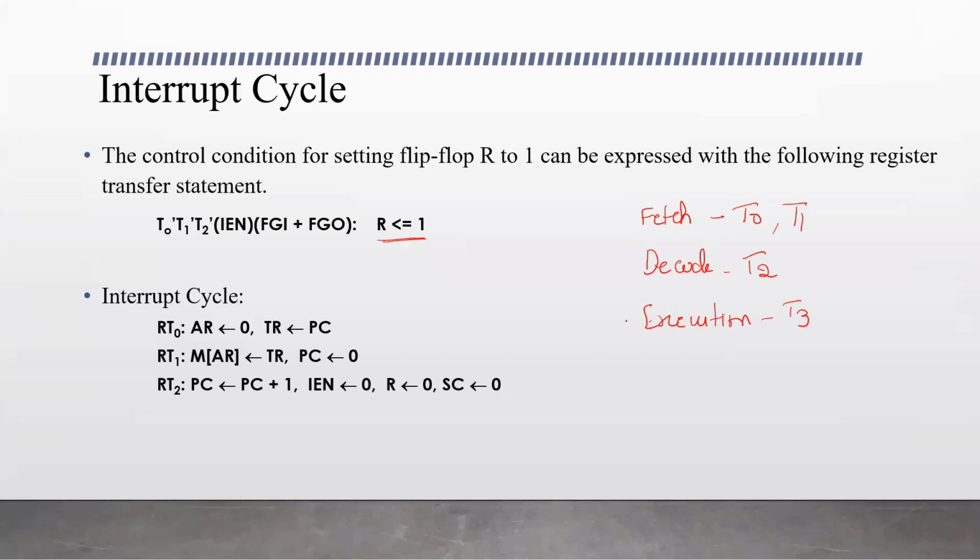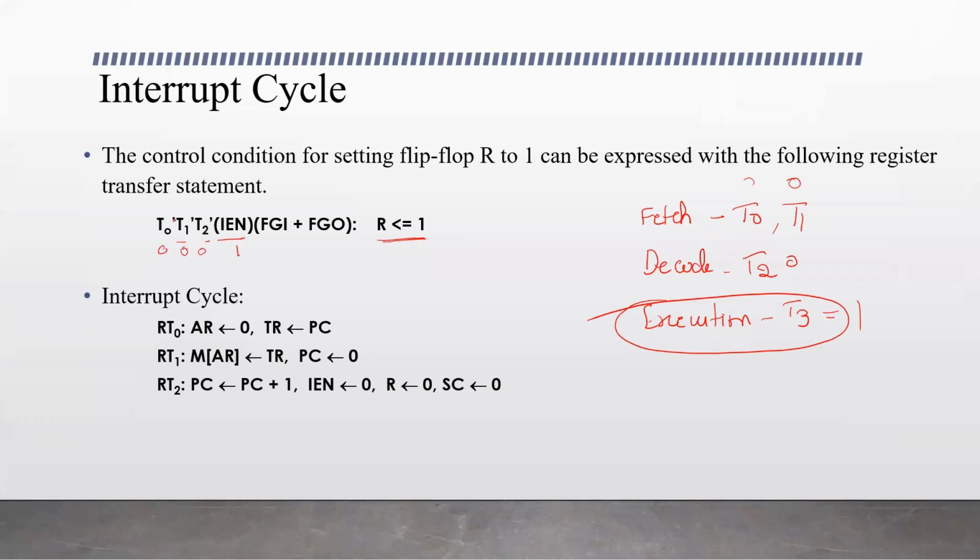So during the execution, T0 will be 0, T1 will be 0, T2 also will be 0, only T3 will be 1. So T0 is 0, T1 is 0, T2 is 0, and IEN is the interrupt enable flip-flop. When it is 1, okay, here these all values are 0.